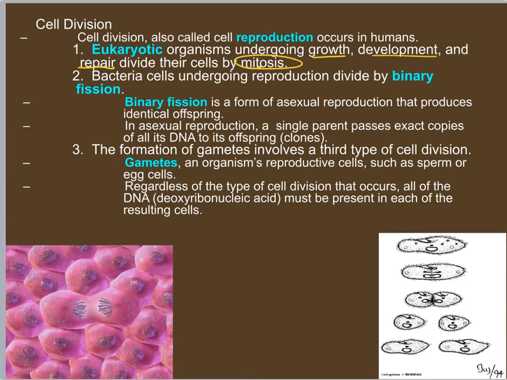Now, bacteria cells, if you recall, bacteria are your only example of prokaryotic cells or prokaryotes. And they reproduce through binary fission. Binary fission is very, very simple. That's what you're seeing down here in this picture. Binary fission is asexual, meaning one parent. So you have one cell.